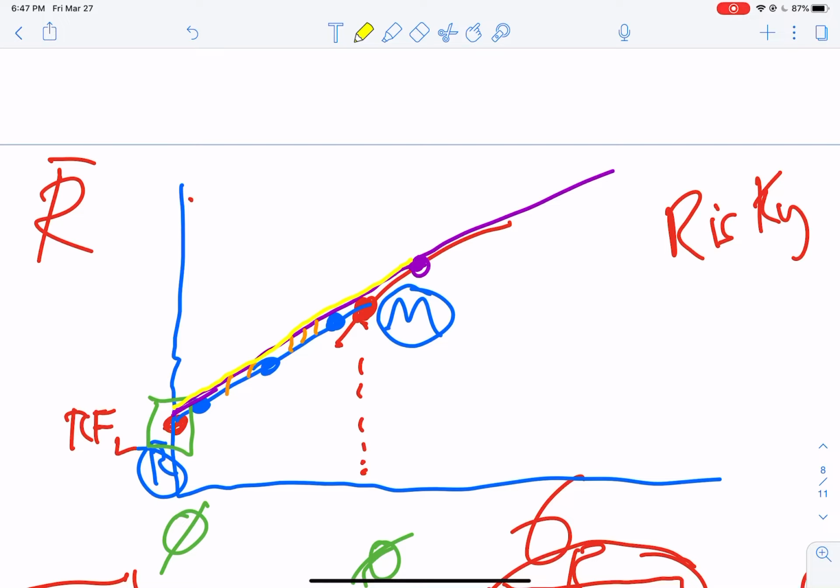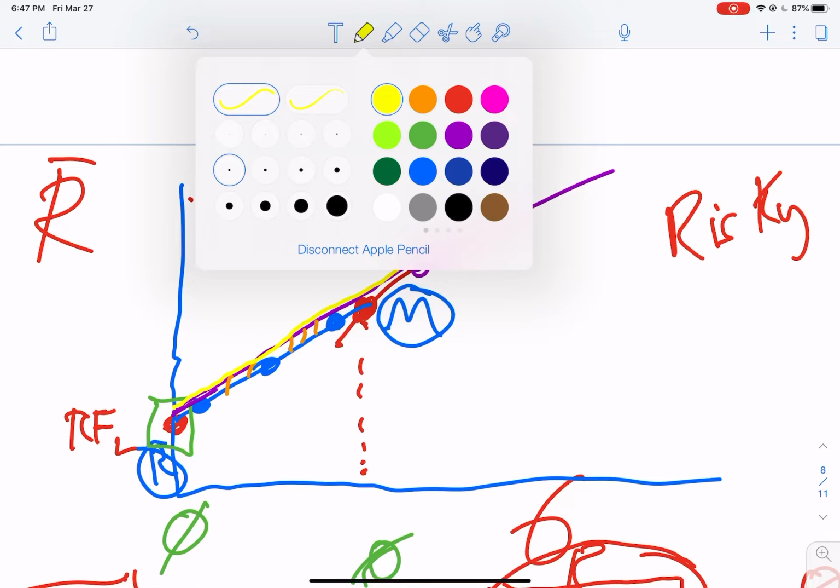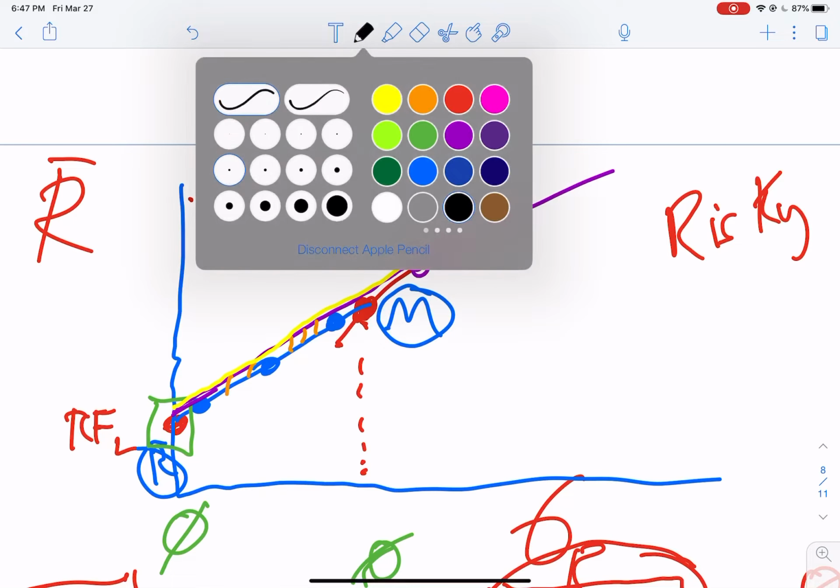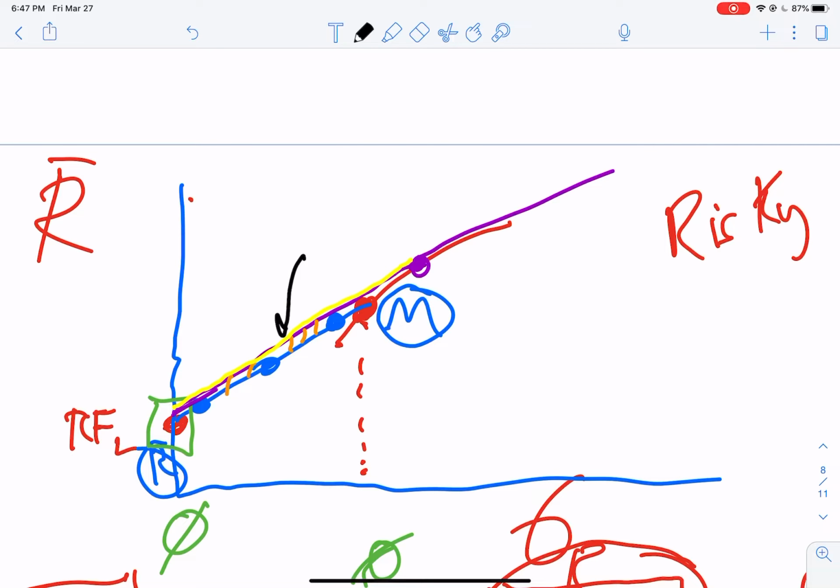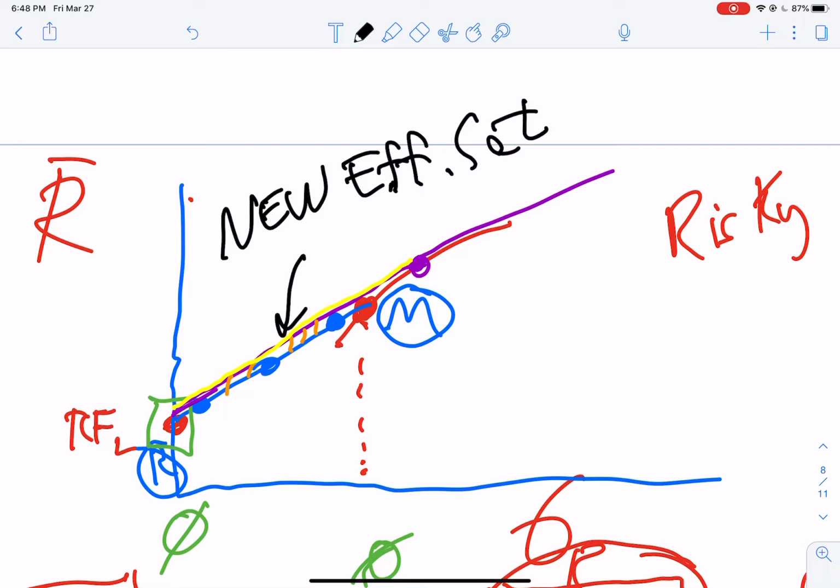It becomes the new efficient set, because it shows the highest return given the level of risk that's possible. And so we have this line. The line ends there, but because we can short sell, because we can do margin purchases, the line extends.